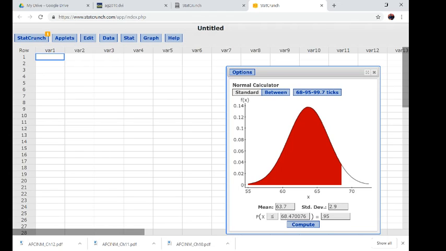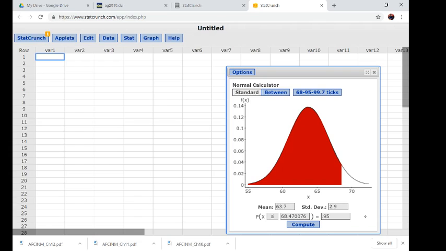So a woman who's 68.47 inches tall is at the maximum height for the 95th percentile, and all women shorter than 68.47 inches are in the 95th percentile. So they're among 95% of women.